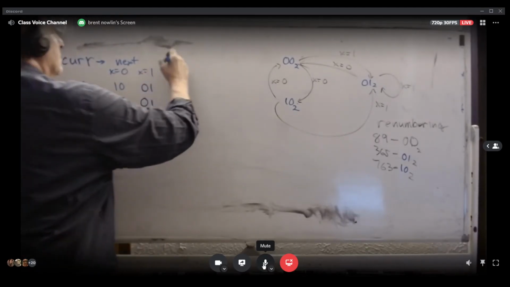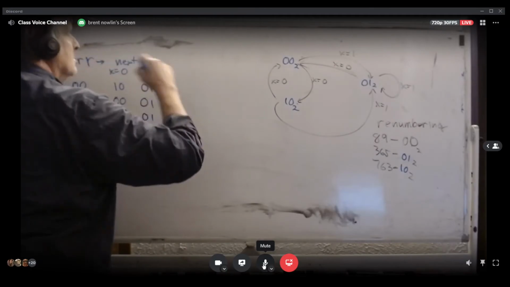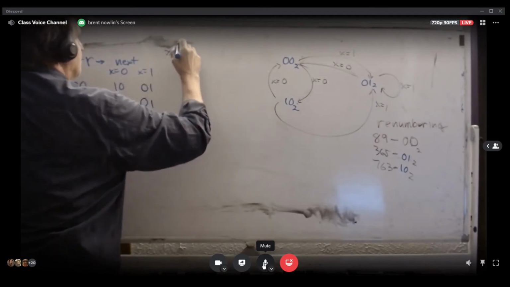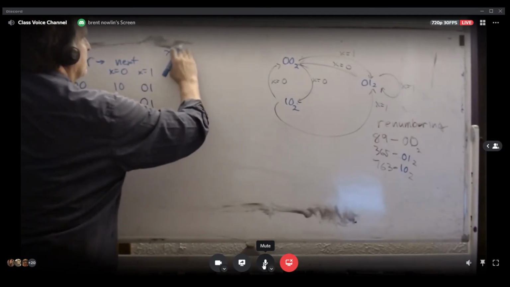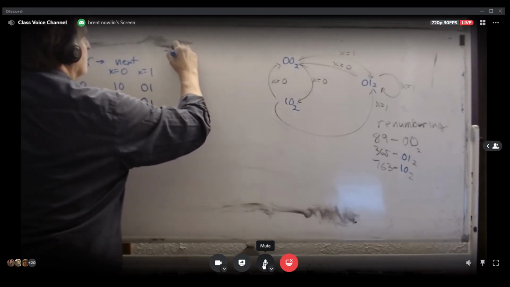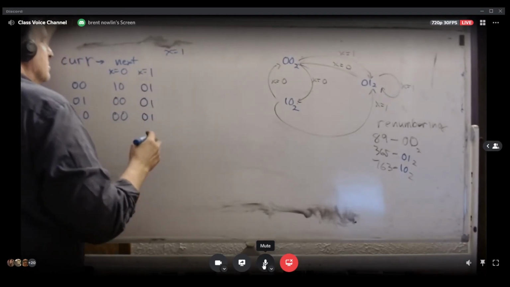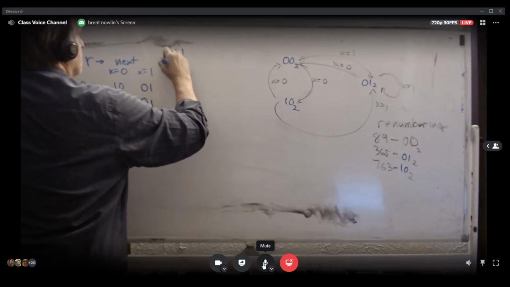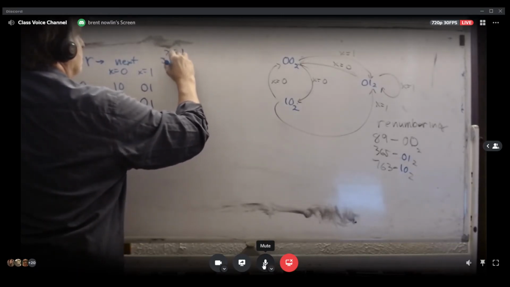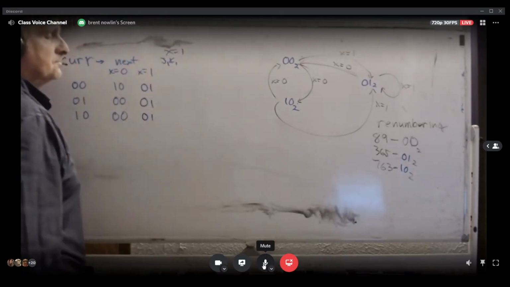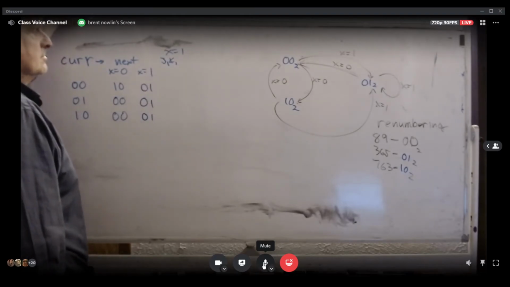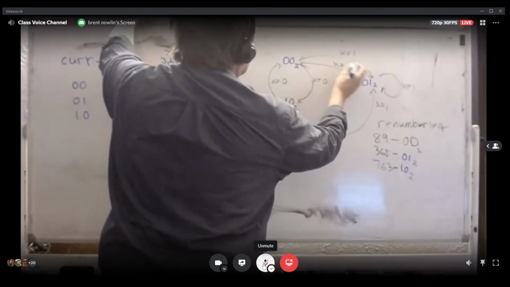Okay? So, for x equals 1, there's several ways to organize the excitation table. I'm just going to do it one way, okay? J1, K1. Where are we getting the next state from? So we're looking at 0, 0.